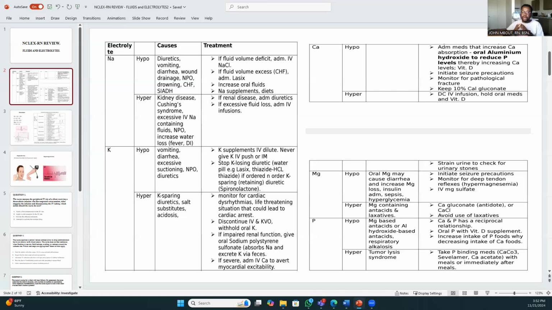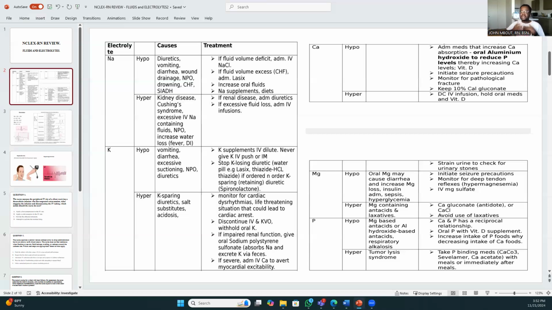First, you must assess the renal function before you administer potassium. Make sure that you are administering at an infusion rate of 5 to 10 milliequivalents per hour at a maximum of 20. You can never give potassium more than 20 milliequivalents per hour.